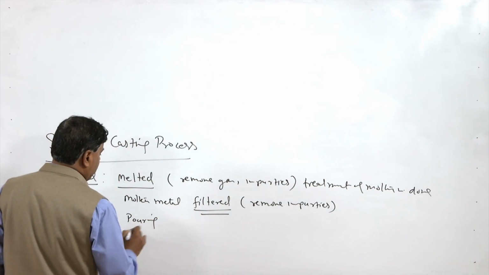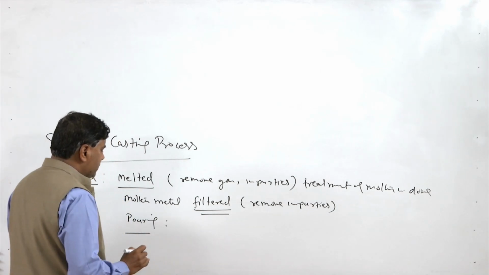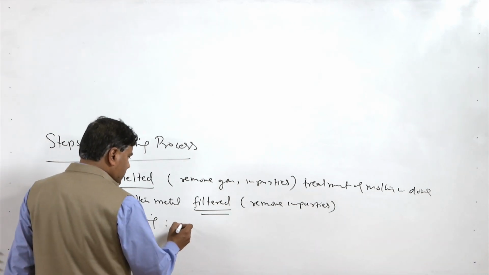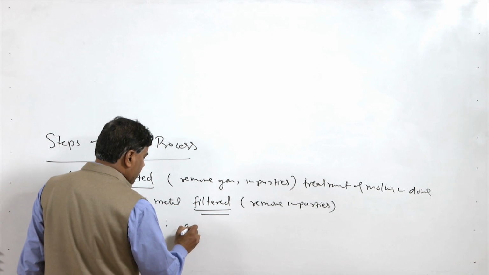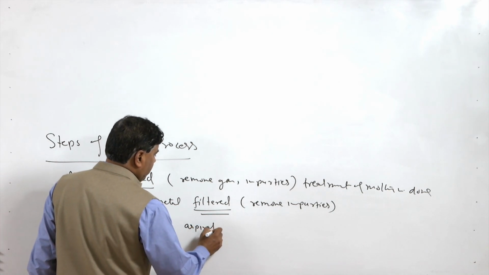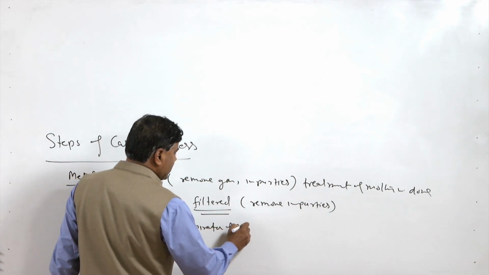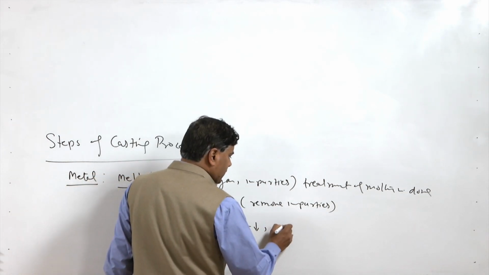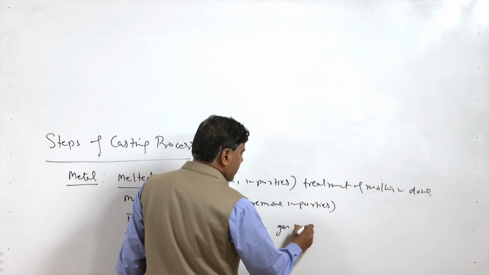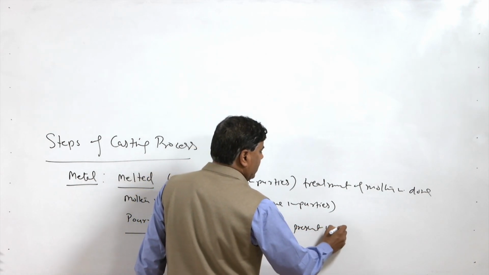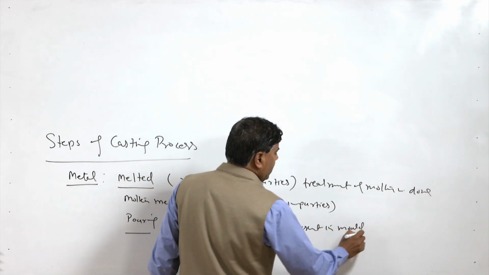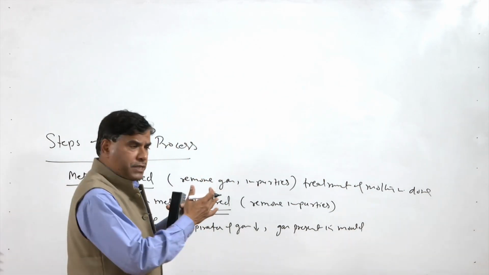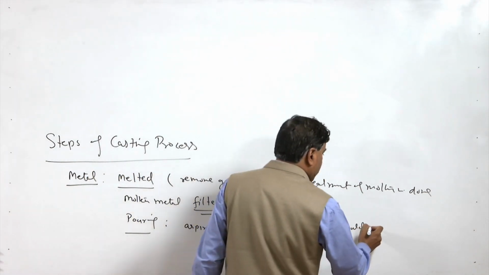So, pouring of the molten metal is done in such a way that the aspiration of gases is less, and the gases present in the mold get enough space or time to escape.